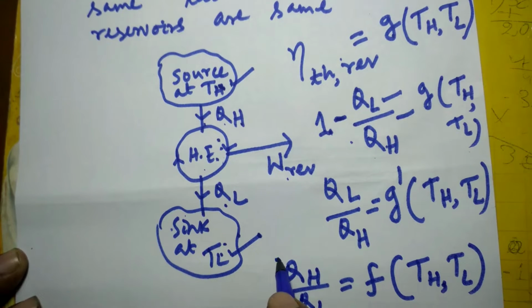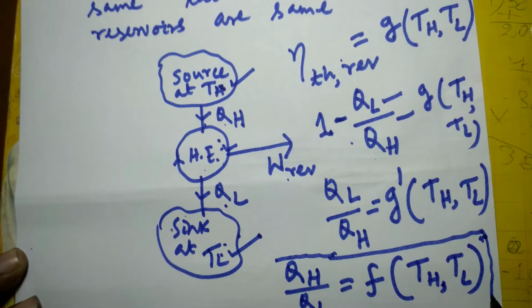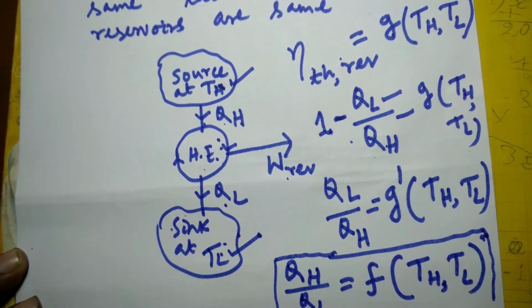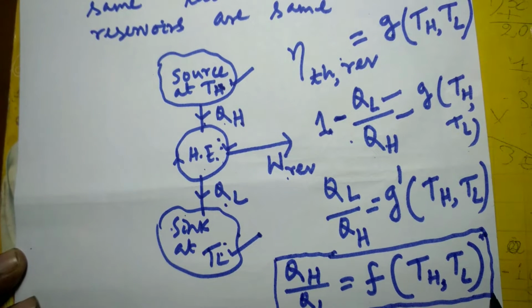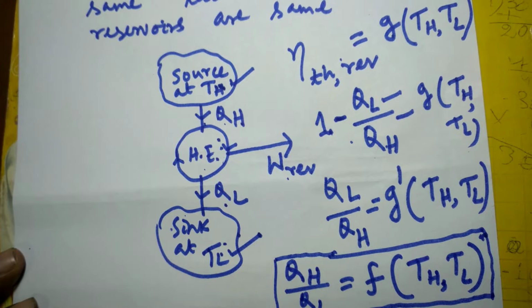So QH by QL is a function of TH and TL only, where QH is the heat coming from the high temperature reservoir, that is the source, which is at temperature TH, and QL is the heat rejected to the low temperature reservoir, which is at temperature TL.